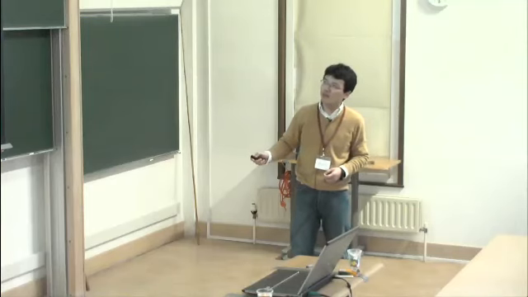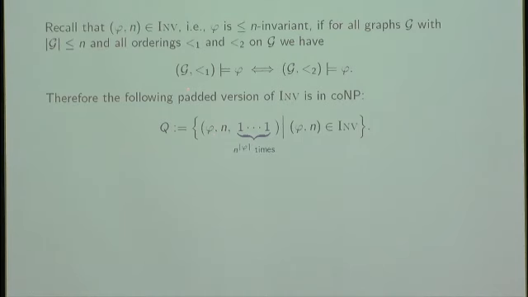So we are looking at the following problem Q, which consists of all tuples (phi, n) together with 1 to the power of n^|phi| minus 1, so that (phi, n) is a member of the invariant relation. Here I need these additional ones to guarantee I have sufficient time to check these conditions. This gives you sufficient time to check whether G together with an ordering is a model of phi in polynomial time.